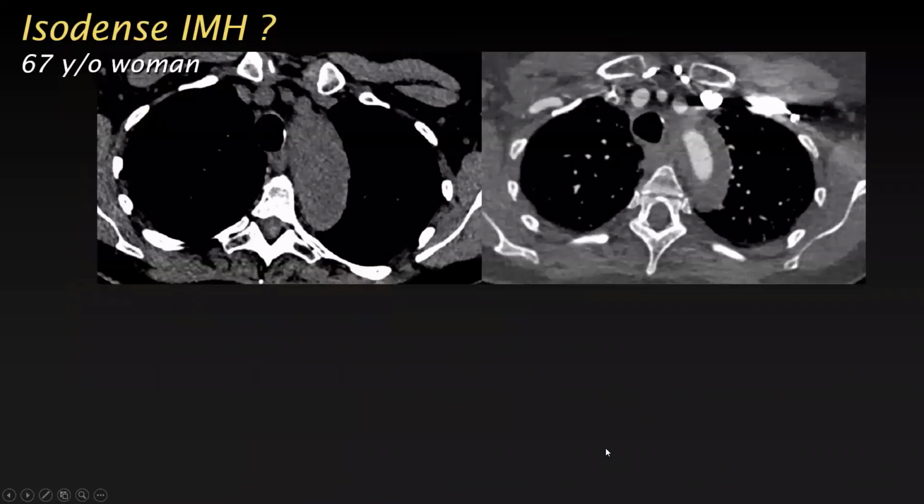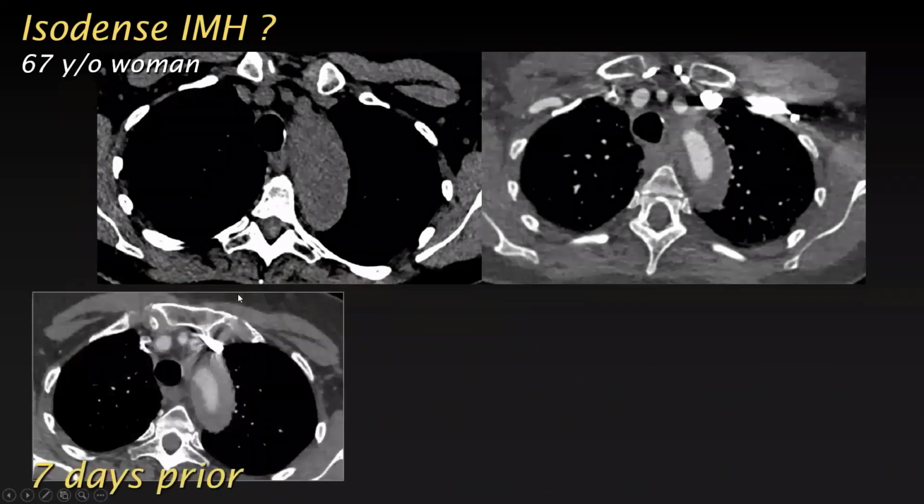In this case, we found an older study. This patient was transferred because of ongoing symptoms after a few days, but the patient had an IMH at least 7 days prior, so you can expect that in 7 days, that relatively fresh thrombus will no longer be hyperdense, because hemolysis has set in within that clot, so it can be iso-attenuating.